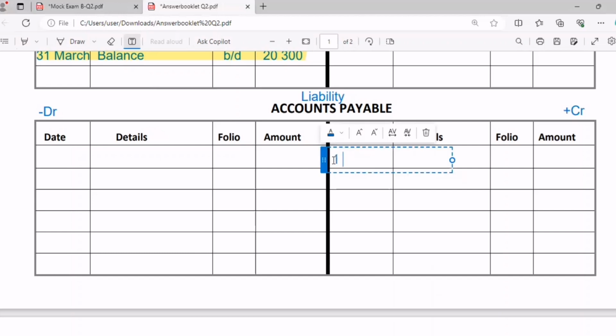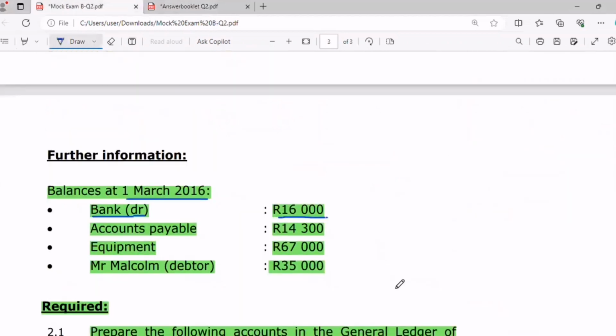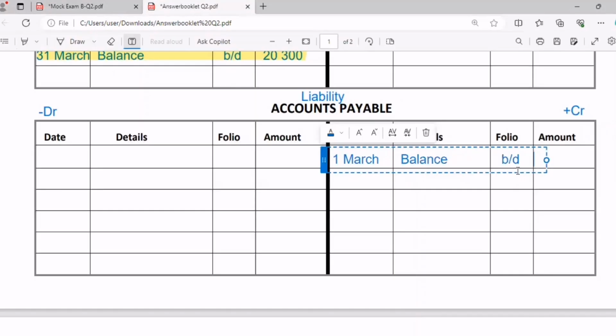So the opening balance, 1st of March, balance at the beginning, balance brought down. So this is the opening balance. So it is given in the question. Account payables, the opening balance is 14,300.